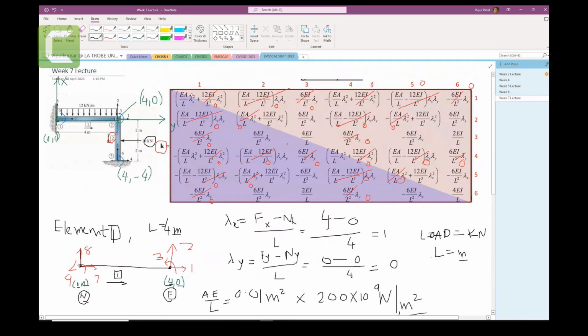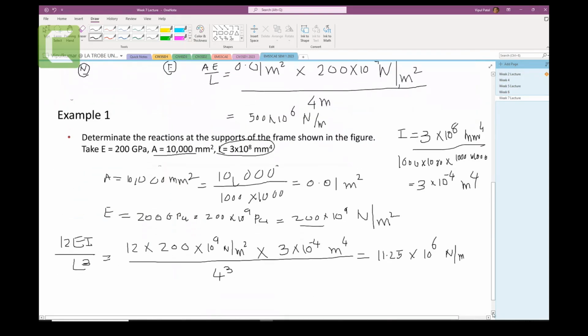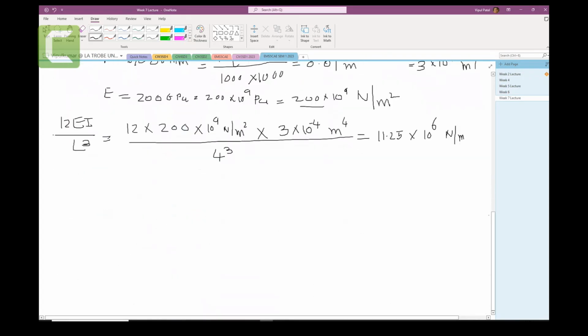Now the next one we're going to get is 6 EI on L square. Most of the details are there, so we just need to use them. 6 E, we know, is 200 times 10 to the power 9 Newton per meter square.